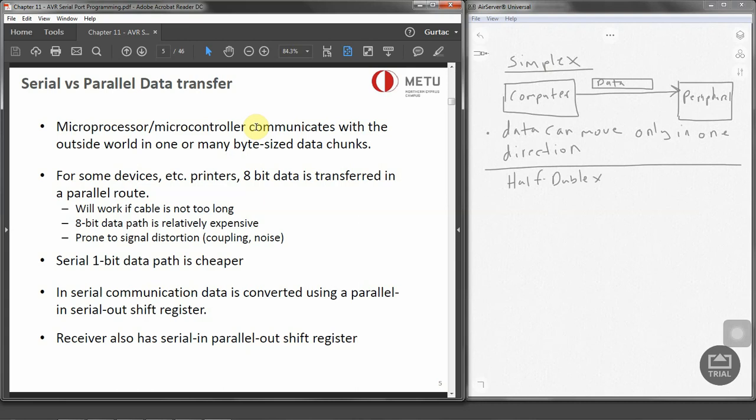So with half duplex, we have again the computer on one side, and we have the peripheral on the other.